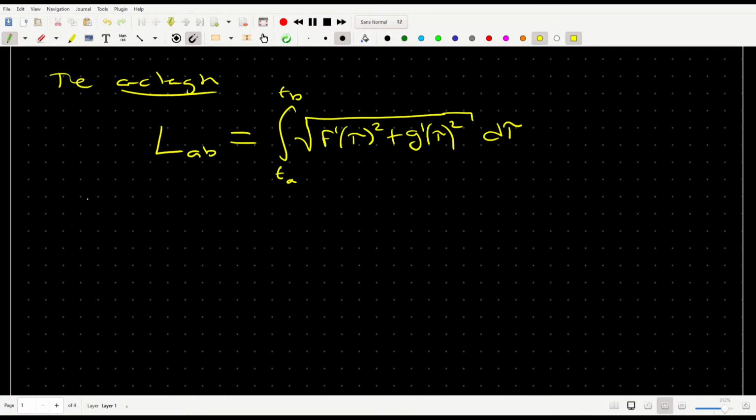So using this formula, we can actually get a general relationship between arc length and the parameter of our chosen curve.